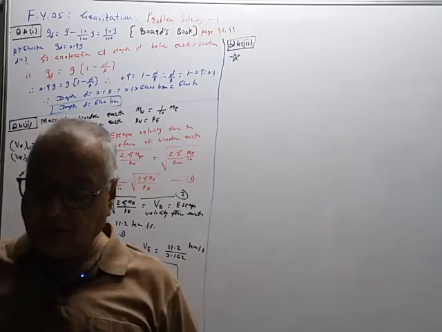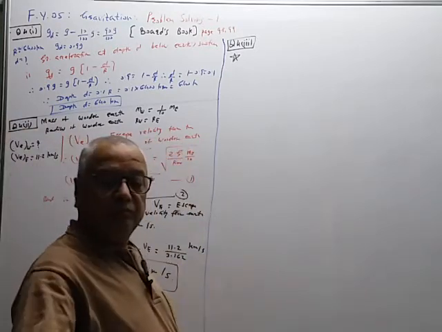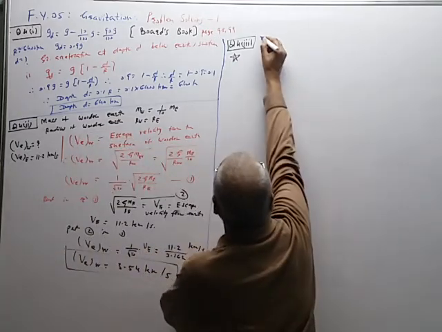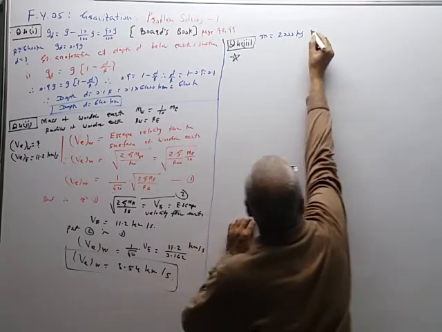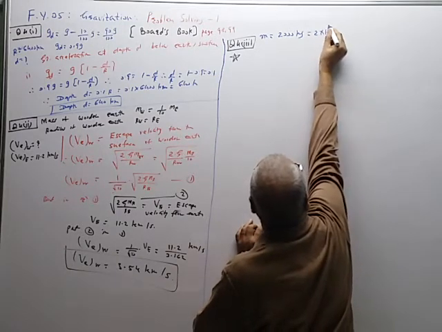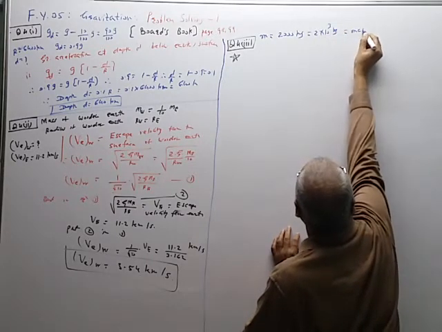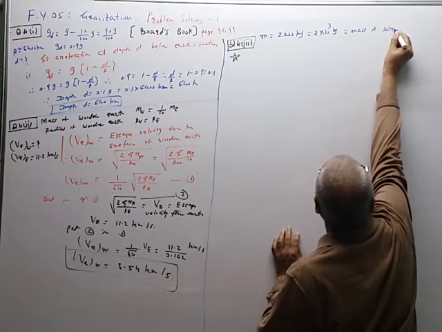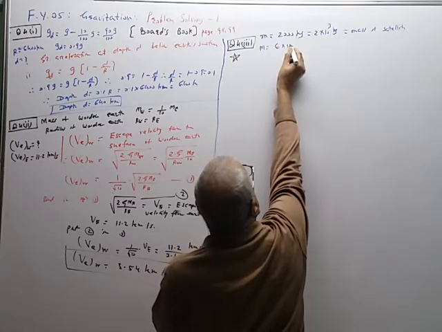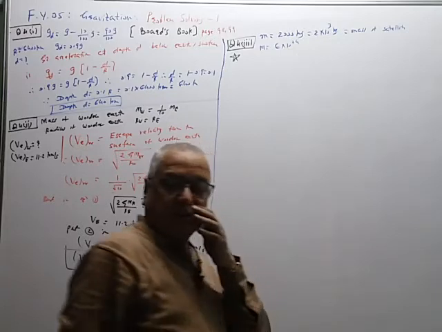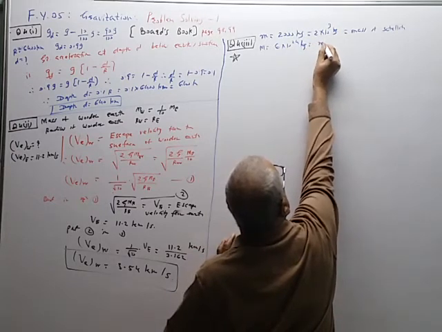So we will give the data like this. Mass of the artificial satellite, it is denoted by m. So m is equal to 2000 kilogram is equal to 2 into 10 to 3 kilogram. Mass of the earth, capital M is equal to 6 into 10 to 24 kilogram.